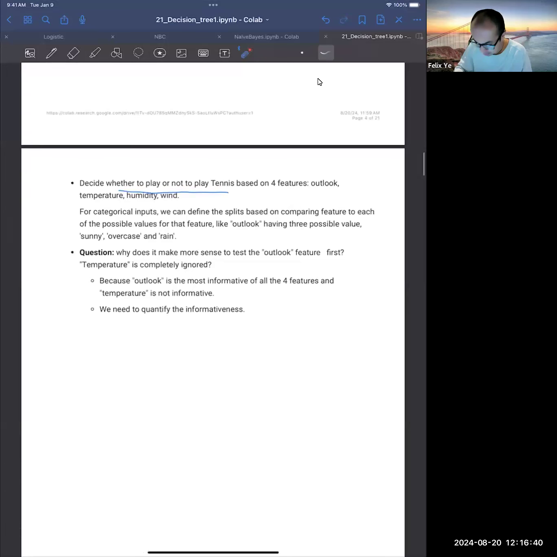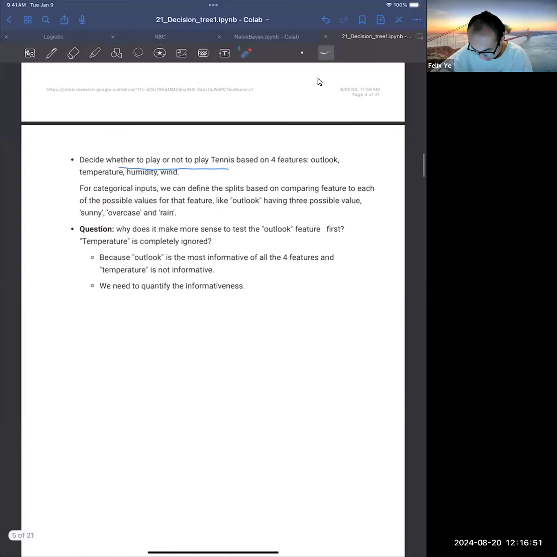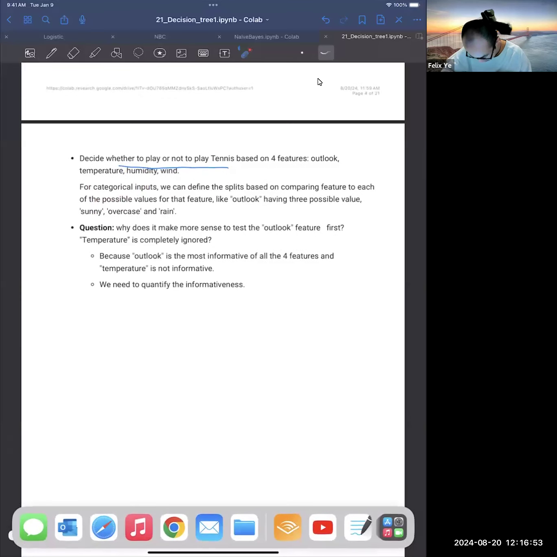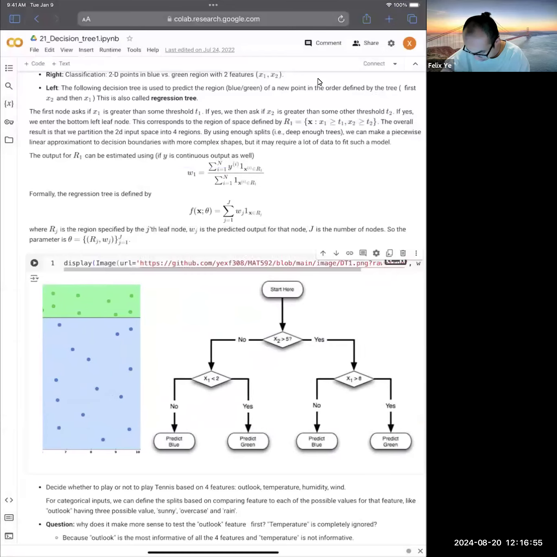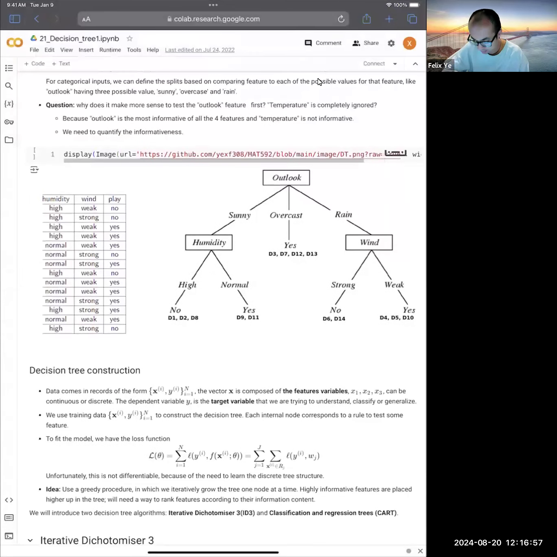All right. So you can see everything is categorical input. If you actually look at the decision tree being created in this situation, you find out we only use 3 features out of 4.